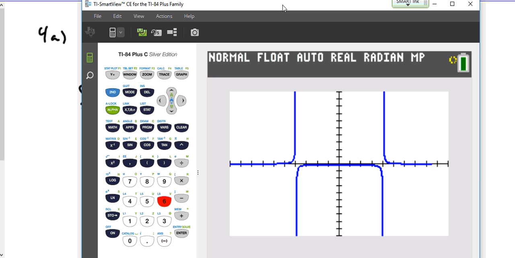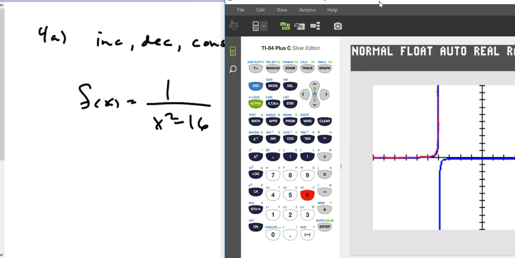Looking at this graph, you can see that it appears to be increasing up to a vertical asymptote. When you look at this equation, you can see that down here we have x squared minus 16. If I factor that, we have x minus 4 and x plus 4.